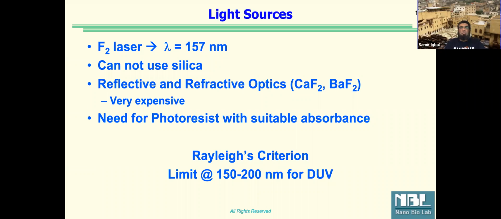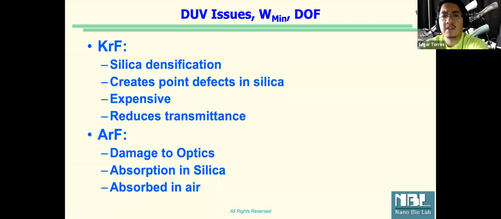So instead of having a glass lens through which the light goes, now we want to use what we call reflective and refractive optics. So you strike the light onto a surface and focus it to get the same projection done. With this, they pushed it down to 150 to 200 nanometer, and this is called deep UV.